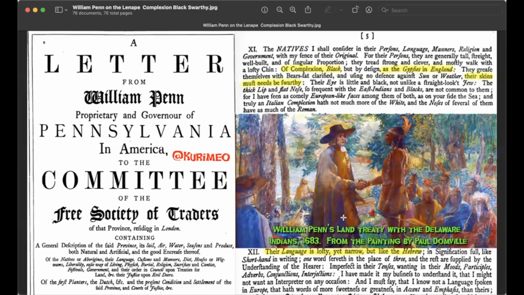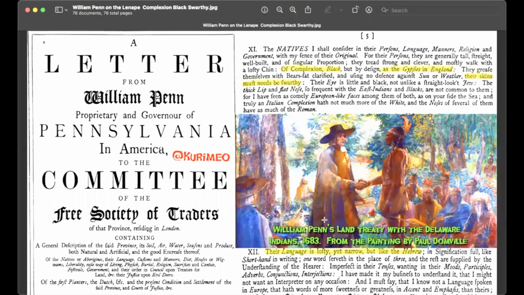They tread strong and clever, and mostly walk with a lofty chin, okay? Of complexion, black, but by design as the gypsies in England, just like the gypsies, remember, the gypsies originally so-called black too, dark skin. They grease themselves with bear's fat clarified, and using no defense against the sun or weather, their skins must need be swarthy. Yeah, because they don't wear protection, they need to be swarthy, and they are so-called black as he's describing them, all right? This is William Penn's account of the Indians he's encountering in his area.